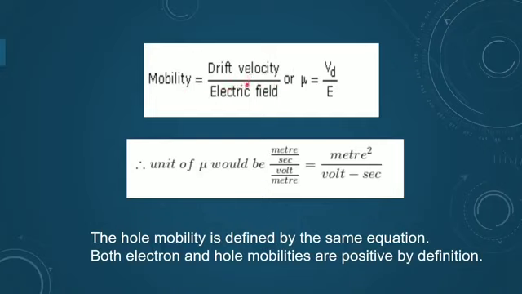It is velocity upon electric field, given by Vd upon E. And if you want to find the units, that comes out to be meter square per volt second. When we talk about electrons, I can simply write it as mu e. When we do semiconductors, we will also talk about hole mobility, and then I will be able to write it as mu h. Holes are simply the vacancies created by the movement of electrons.